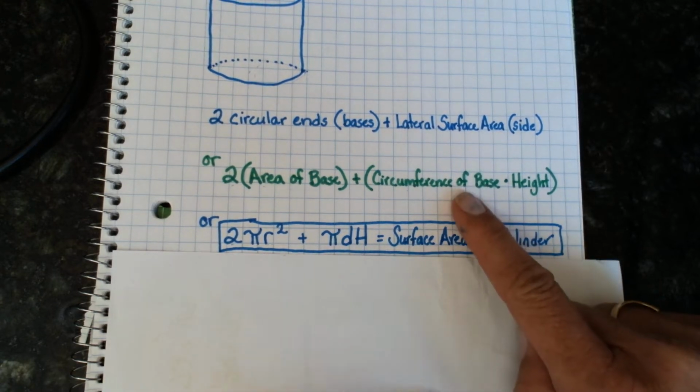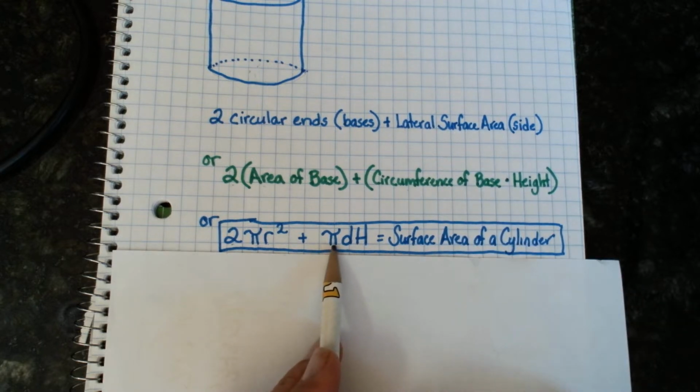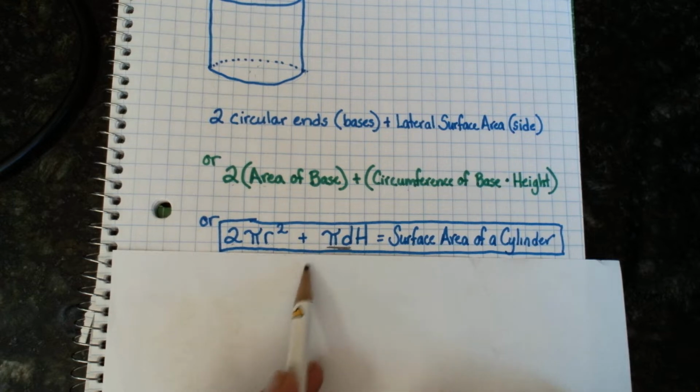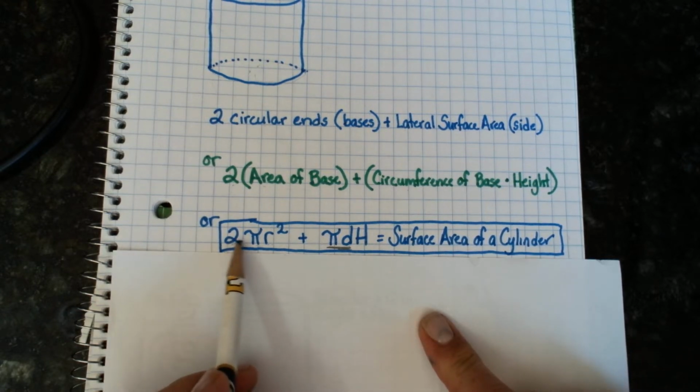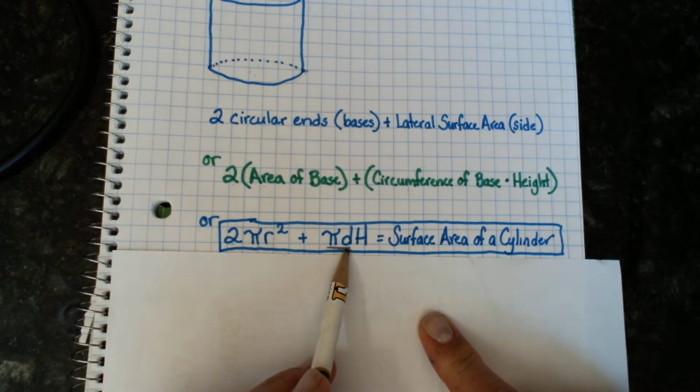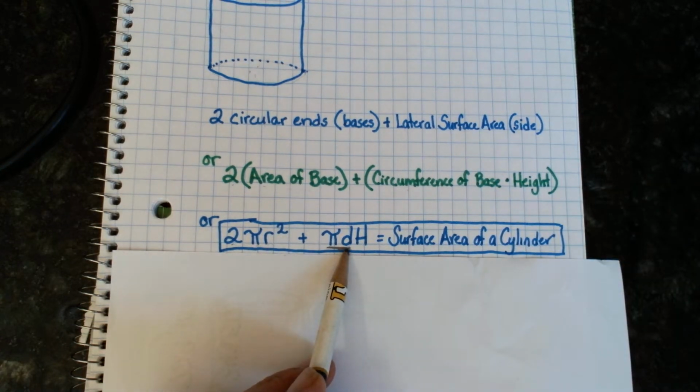To get the area of the sides, or the lateral surface area, we have to get the distance around the circle, or the circumference, pi times the diameter, times the height. So that is the formula for surface area of a cylinder: 2 times the area of the bases plus the area of the lateral surface area.